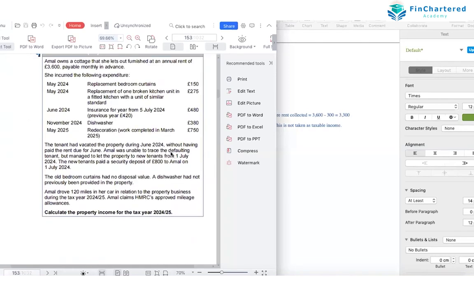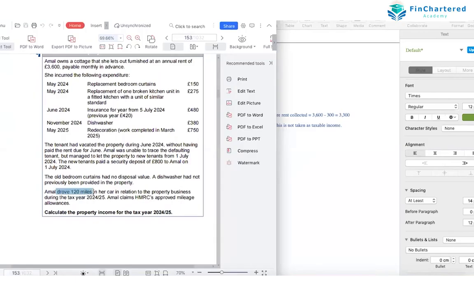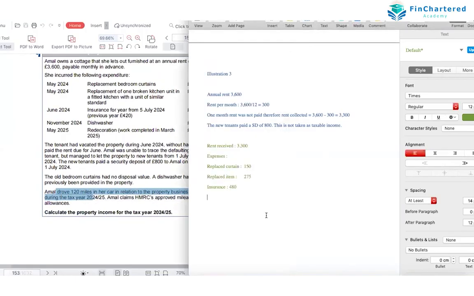So here redecoration will not be deducted. And apart from that, Amal drove 120 miles in her car in relation to the property business.